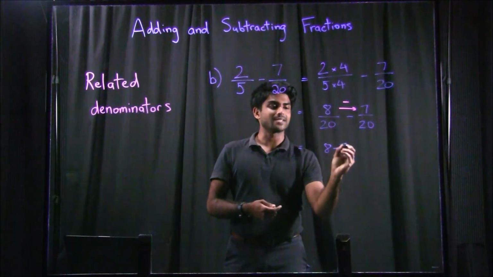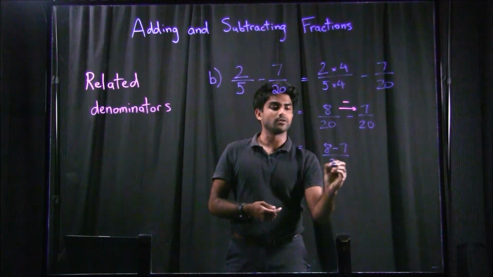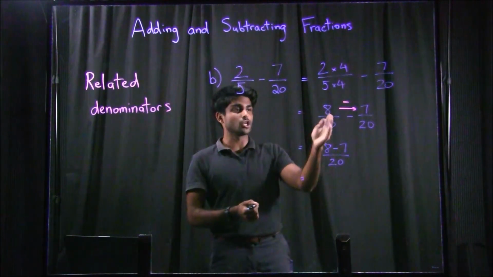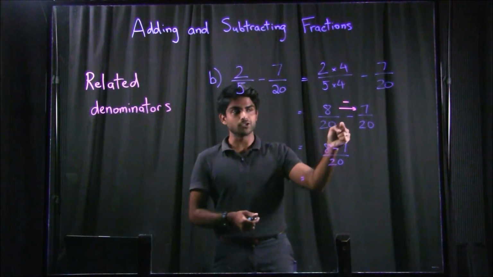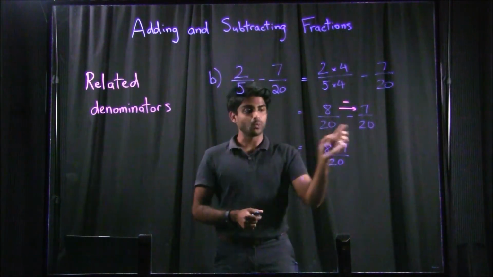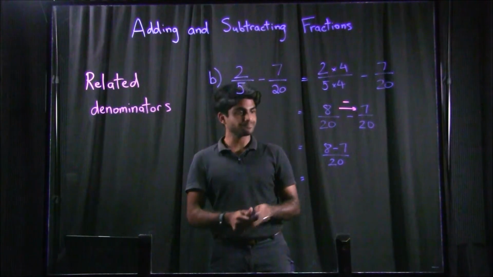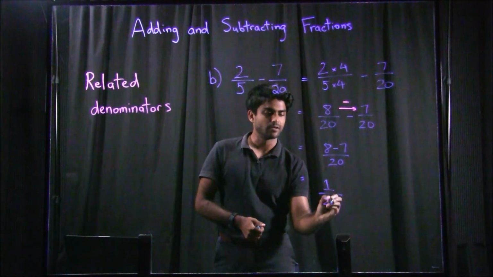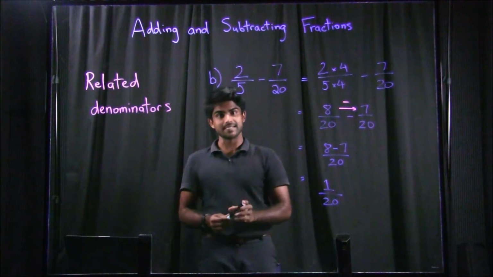So 8 take away 7 over 20. Another important thing to remember is that the denominator stays the same. We don't do 20 take away 20, we just leave it as 20. 8 take 7 is 1, so our final answer is just 1 over 20.